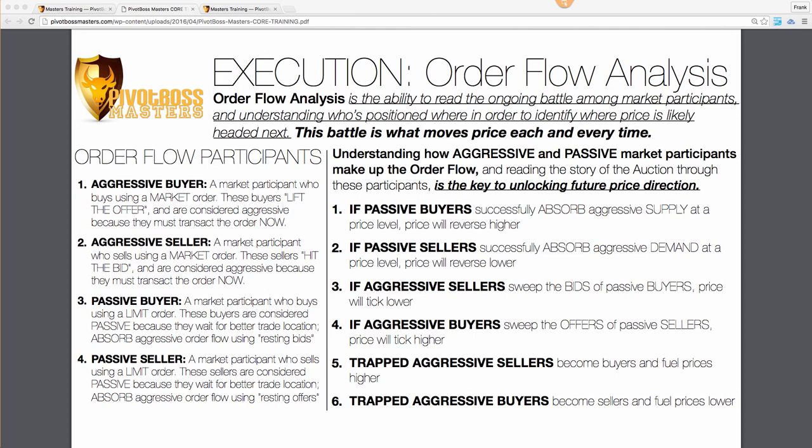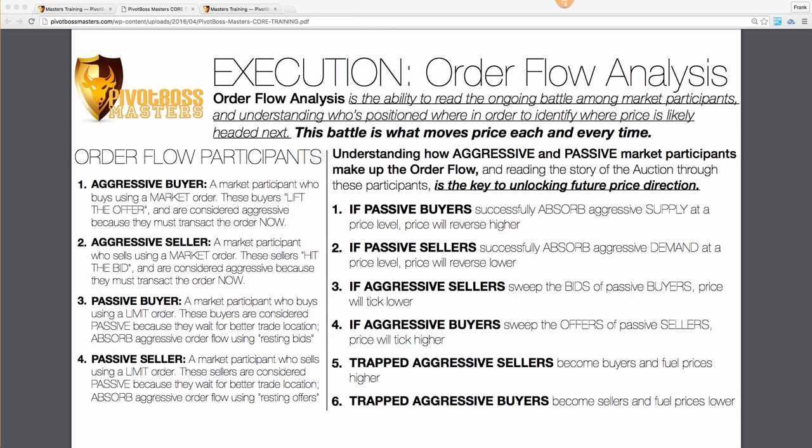Aggressive sellers, exactly the same thing, just flipped for a seller. It's a market participant who sells using a market order, and these sellers are hitting the bid. That's selling using market orders. You're hitting the bid. And these sellers are considered aggressive because they must transact the order now, right now.